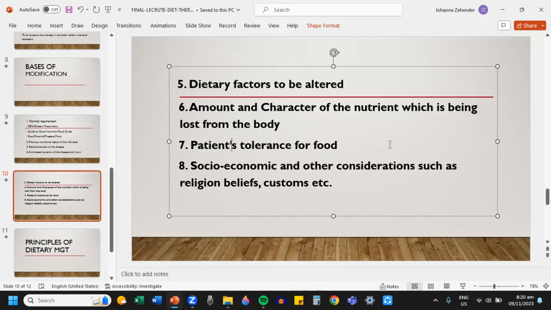So magpili ka sa mga choices kung ano yung swak sa kosher diet. Okay, so mga ganon. So kahit sa NCLEX review, nagpapakita si nutrition.